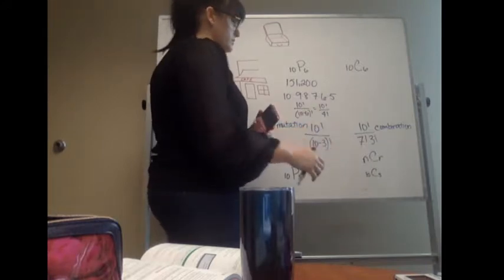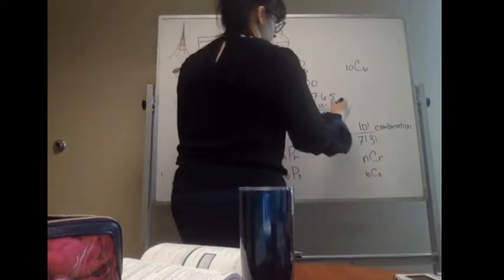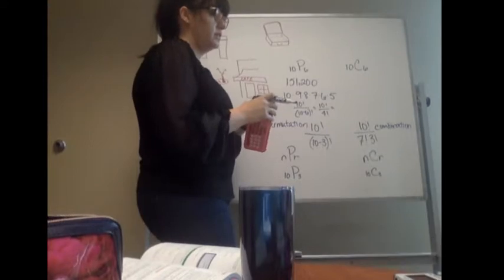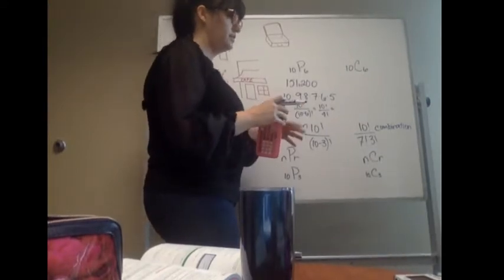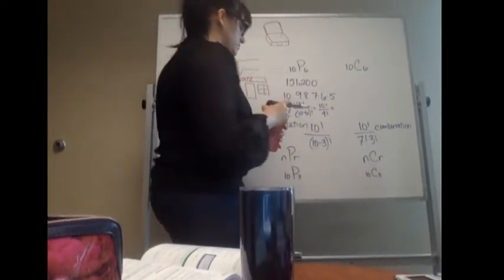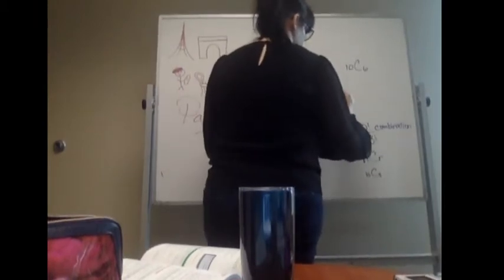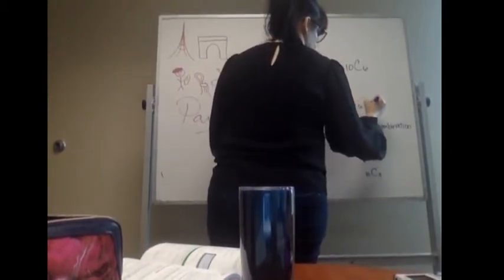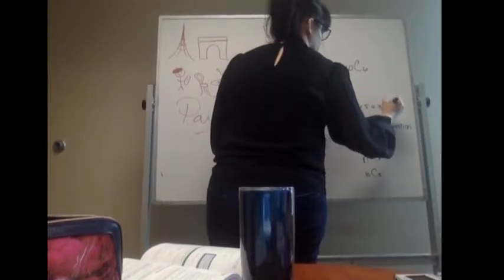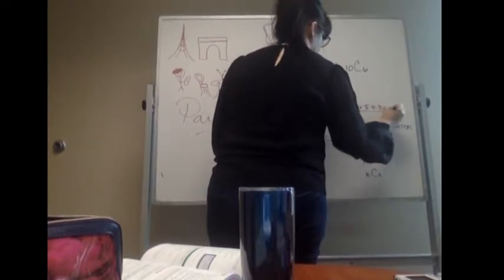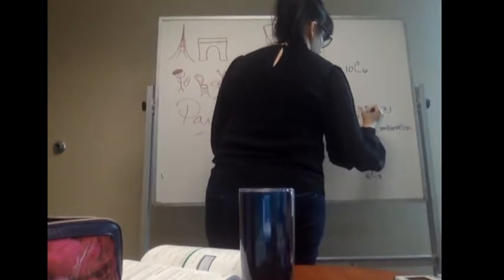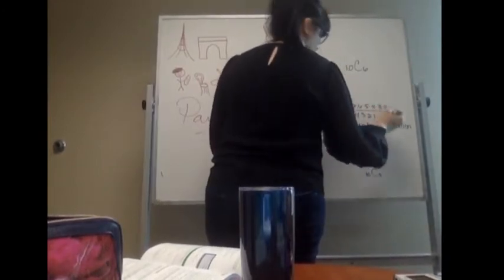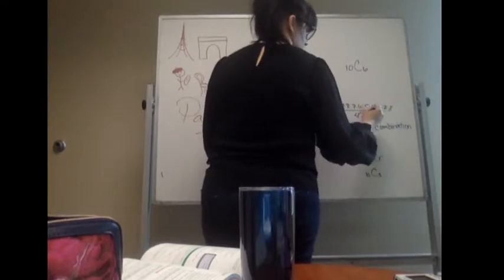Can you reduce factorials to be like 8 over 2? Not in that way. Because if we expand this, it's 10, 9, 8, 7, 6, 5, 4, 3, 2, 1 over 4, 3, 2, 1, and then this cancels.